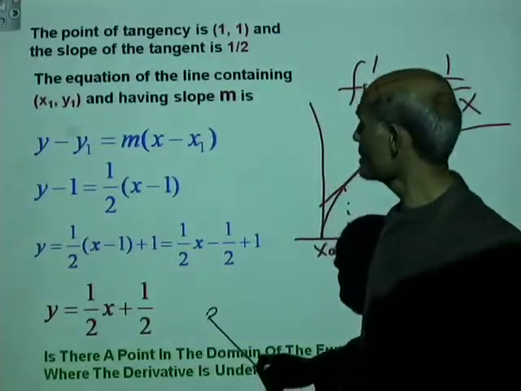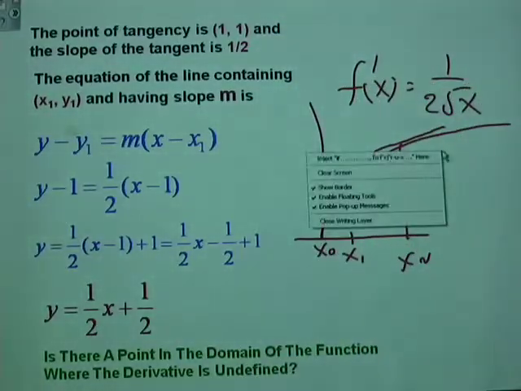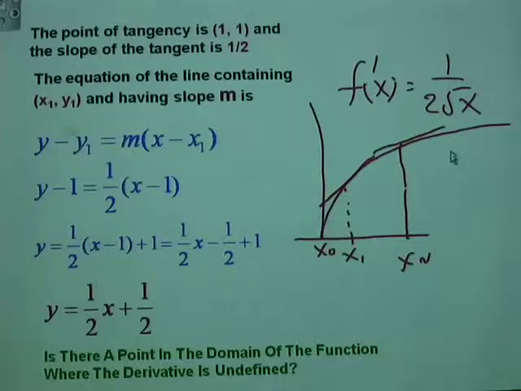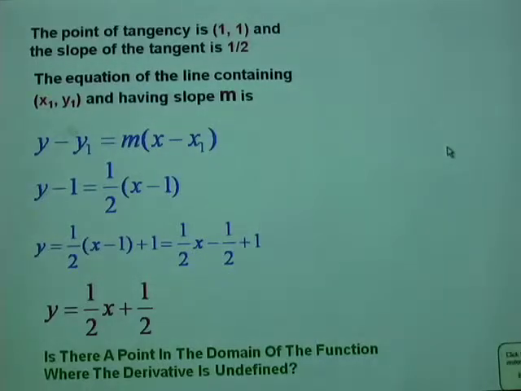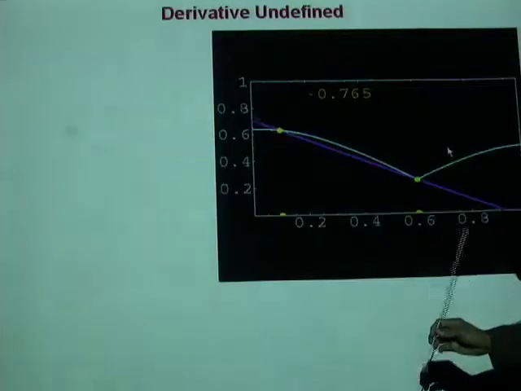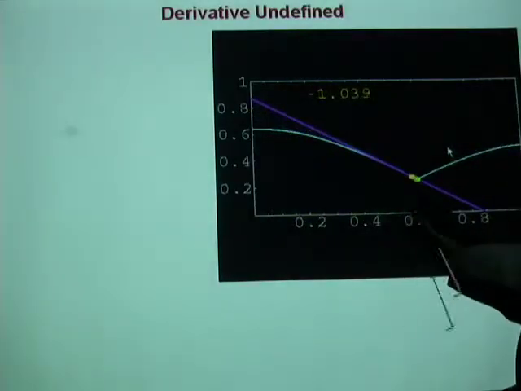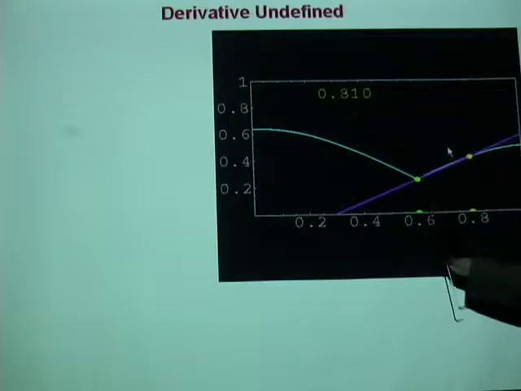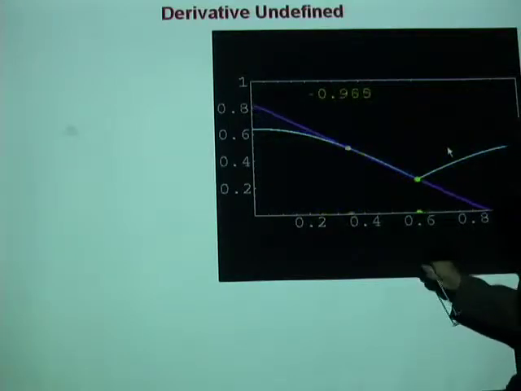Let's also look at a couple of other cases where the derivative is undefined at certain points. All right? All right. Now, I want you to look at this diagram. Now, what is the derivative?